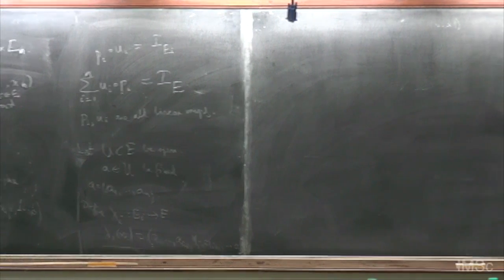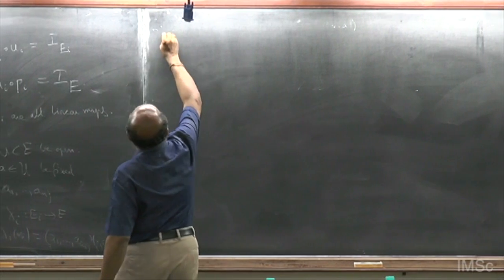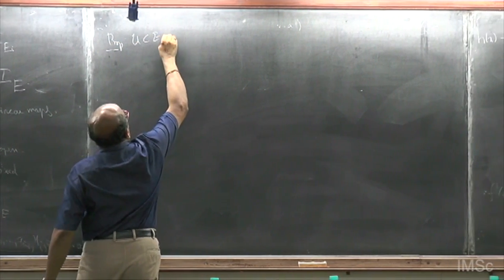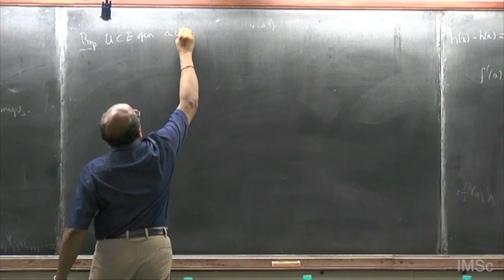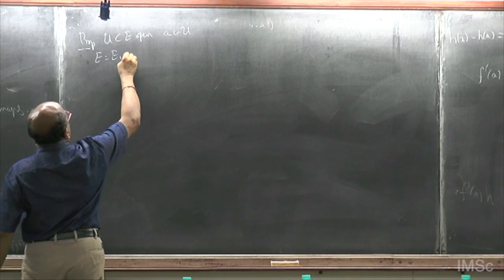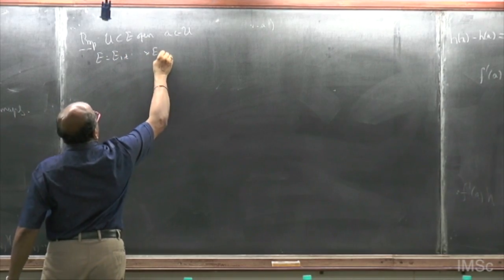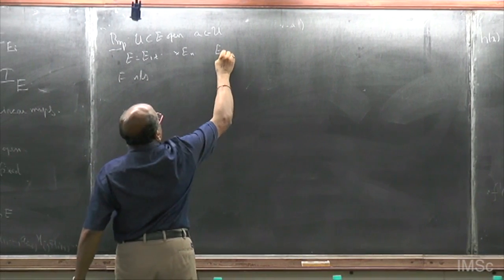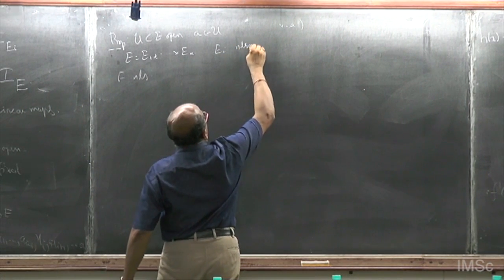Okay. So, proposition: U contained in E open, A in U, E equals E1 cross En, and F is a normed linear space. Ei are normed linear spaces.